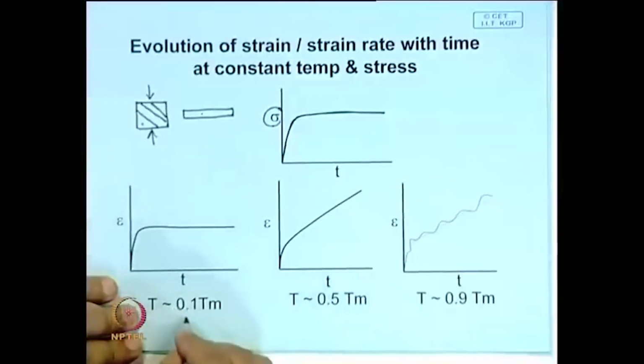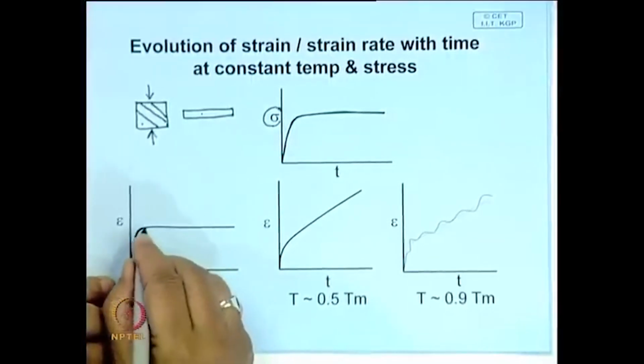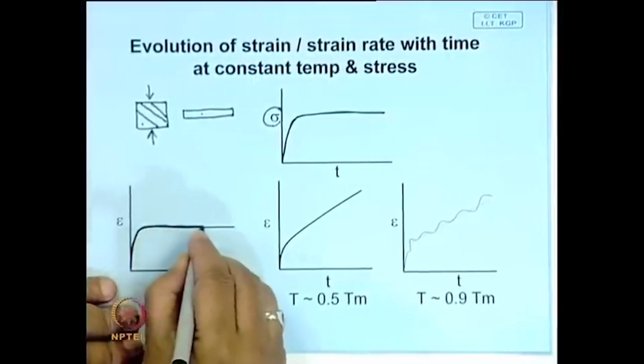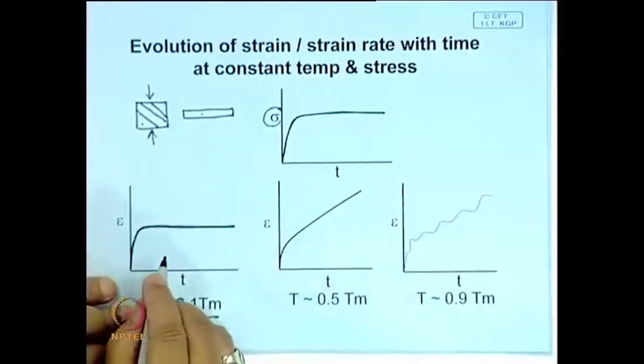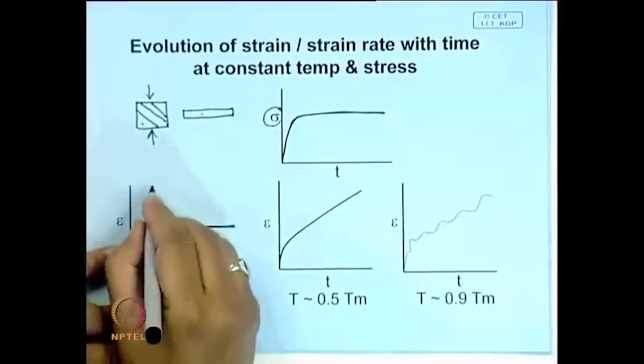If the temperature is low, let us say around room temperature for steel, you will find initially the strain builds up, but after some time it is stagnant; strain does not increase. So, in cold working there is always a limit to how much strain you can give.